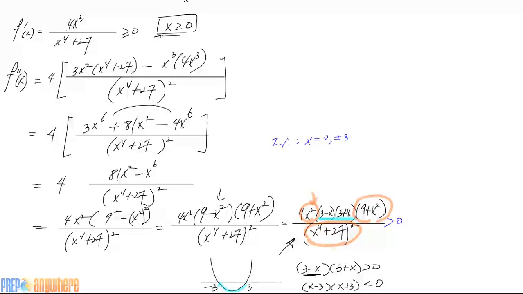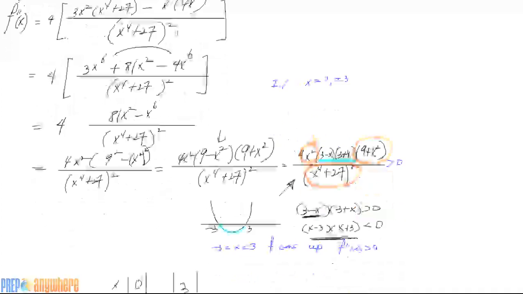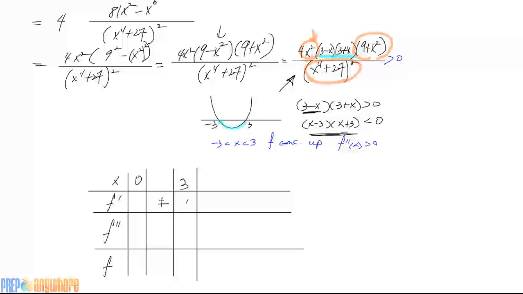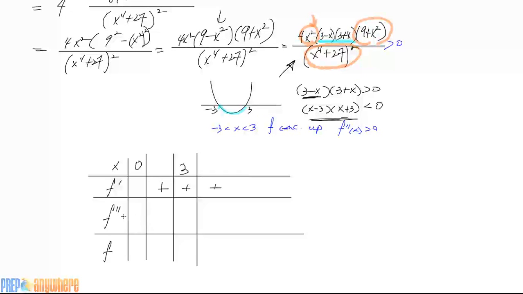Let's go back. It's positive as long as x is positive, right? So this is all positive. Where was the second derivative positive? Only here, right? In between -3 and 3. So it'll be negative beyond there. Of course, it's equal to 0 there.